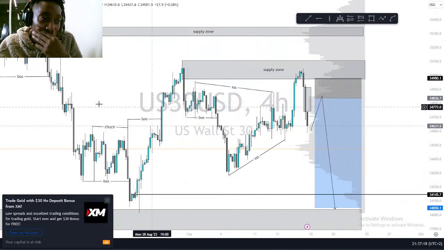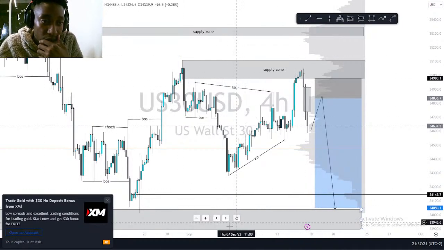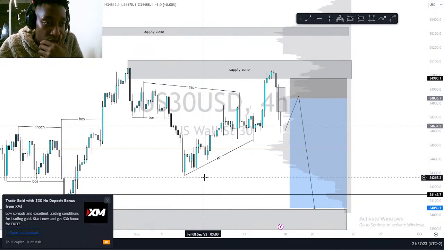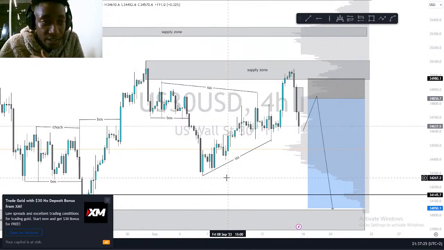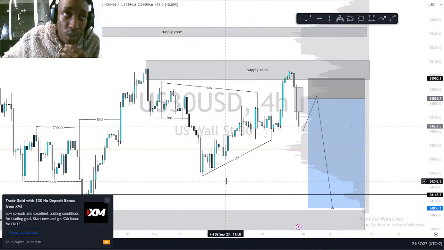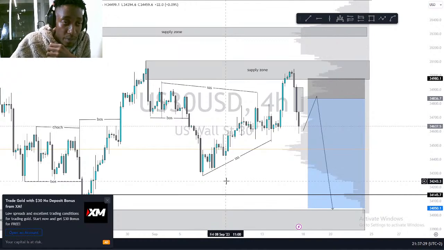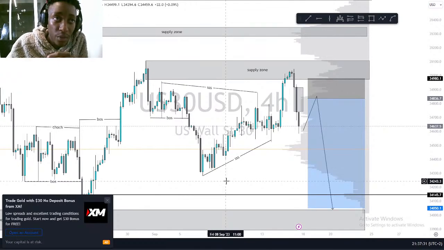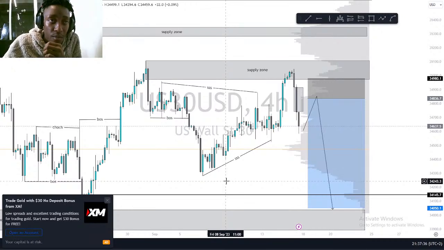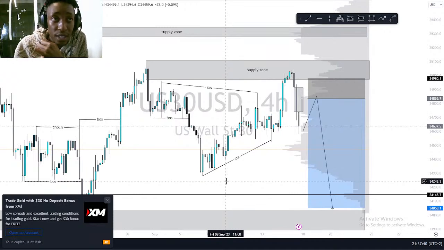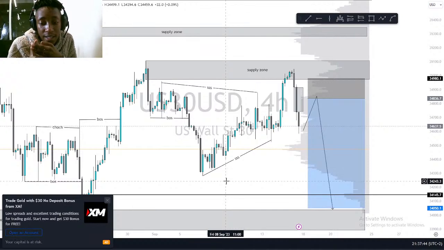So I'll give you maybe 2 minutes to view the setup, and after that we move to gold. Remember, I mentioned that today we are going to be focusing on 3 major, most traded pairs. Meaning it's the USDT, the gold, and the NASDAQ.